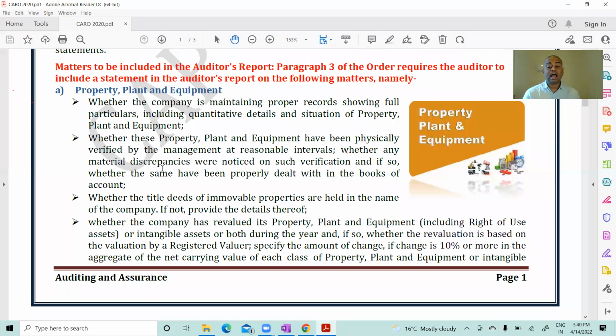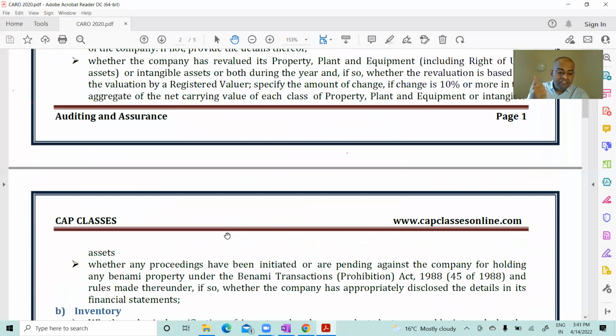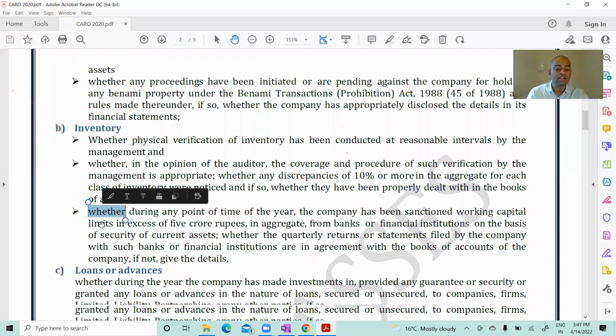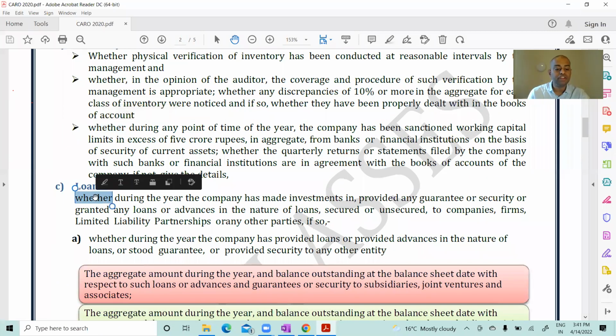But guys, I would request all of you to read and understand how the sentence is constructed. We are not trying to understand the content, we are trying to understand the nature. Whether the company is maintaining proper records, whether the property, plant and equipment have been physically verified, whether the title deeds of immovable properties, whether the company has revalued its property, whether any proceedings, whether physical verification, whether in the opinion of the auditor, and loans and advances, whether during the year.